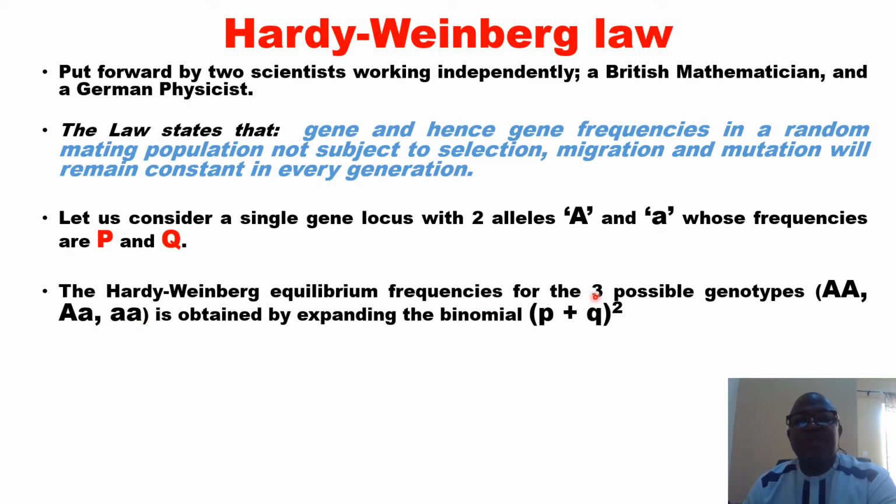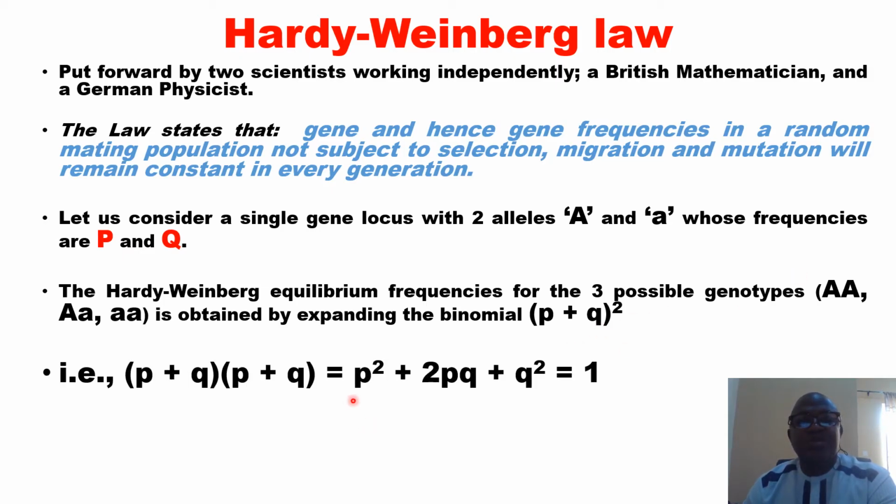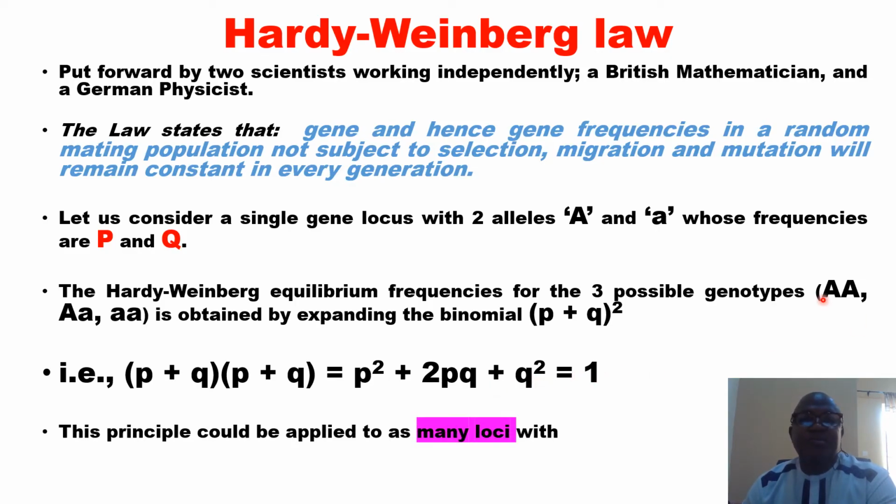They are obtained by expanding the binomial (P + Q) squared, which gives P squared plus 2PQ plus Q squared, all summing up to 1. This principle can be applied to as many gene loci with as many alleles as possible.